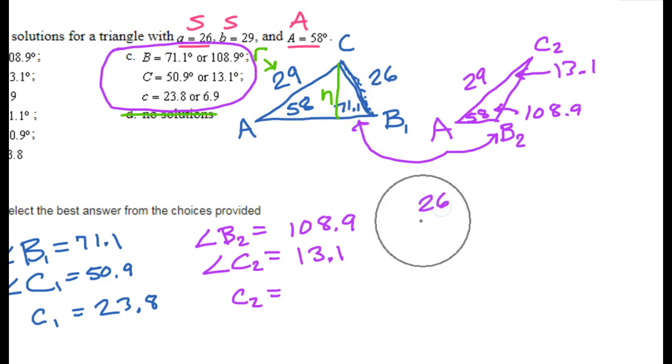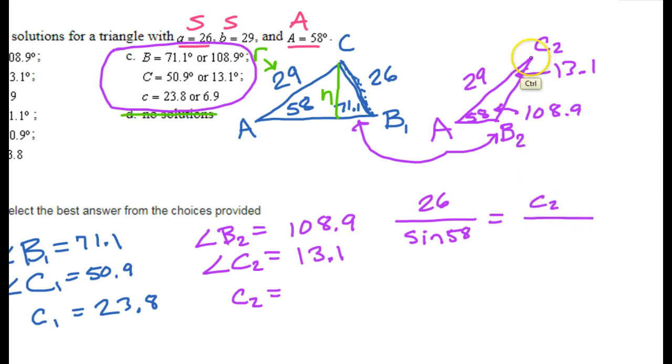So 26 over sine 58 is going to equal side C2 over the sine of 13.1. To solve this, I just have to multiply both sides by sine 13.1.